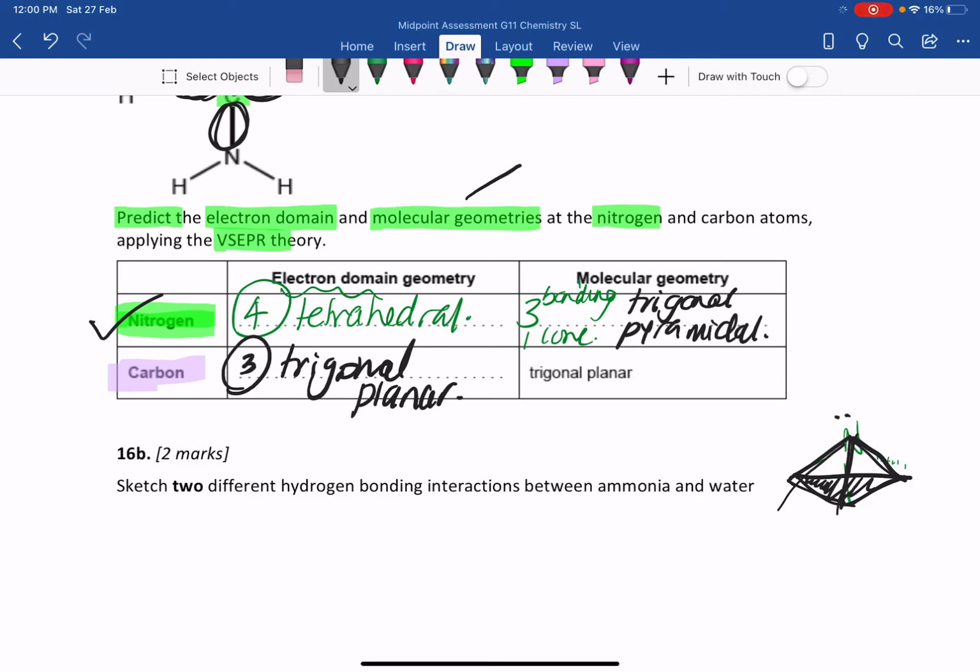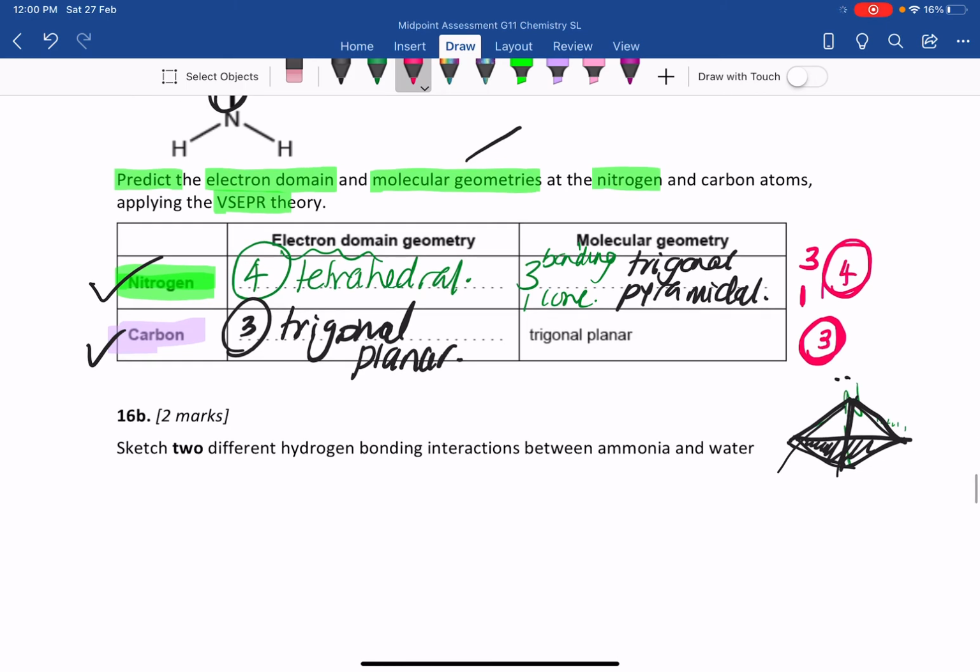The nitrogen has 3 bonding and 1 lone, so it's still got 4 total electron domains. The carbon doesn't have any lone pair, it's just got 3 total domains. Because it's not got that lone pair of electrons, we don't have the additional repulsion that forced the bonds in our nitrogen's tetrahedral shape to squish down a little bit.